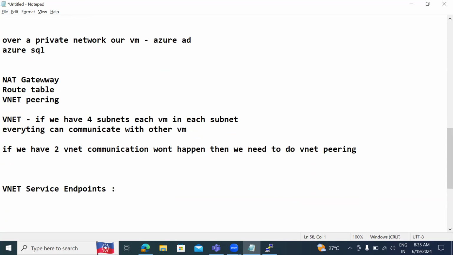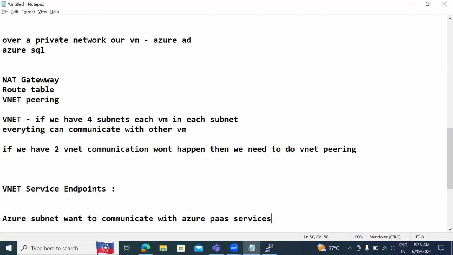Okay, then what is VNet service endpoint? If our subnet wants to communicate with Azure services, then we need to establish a service endpoint.